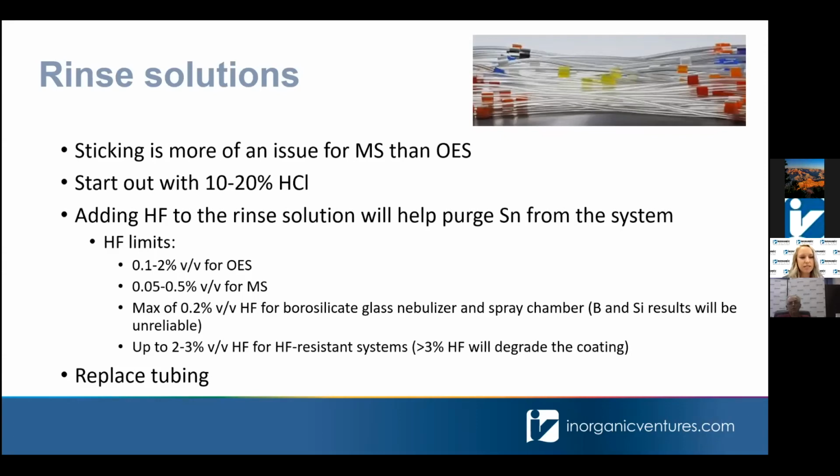If you're still seeing tin in the system, we recommend, again, replacing that sample tubing first, because this is probably going to be the area where you're having the most issues, and this might eliminate your issue altogether. But if not, it's going to greatly reduce the amount of tin that you're seeing in washout. So just some things to keep in mind there.